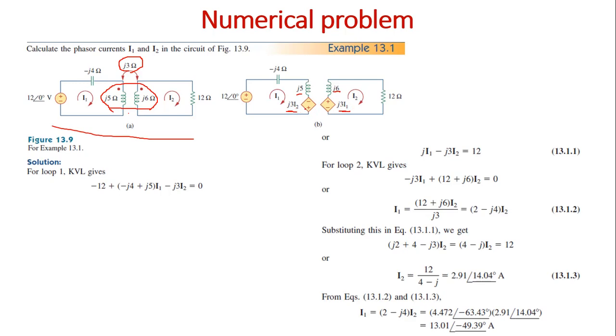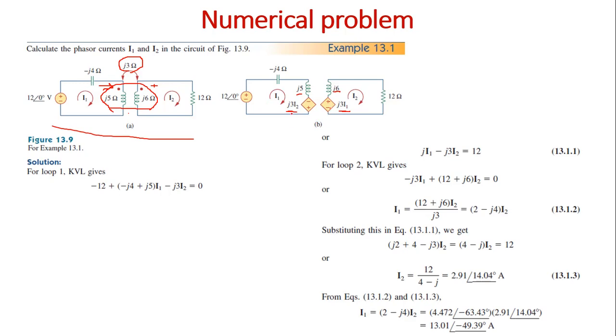Next we have to put the polarities here. Again go for the dot conventions. In coil 1, the current I1 enters the dotted terminal. Look at coil 2 here. The dot is available here, so this terminal is positive. So the voltage polarity is positive and negative.